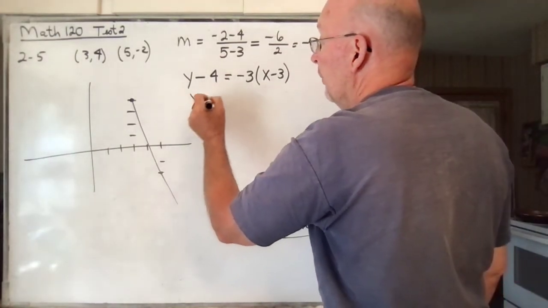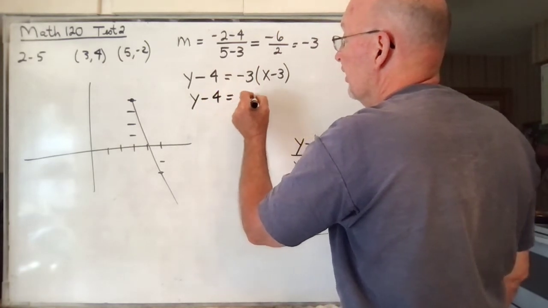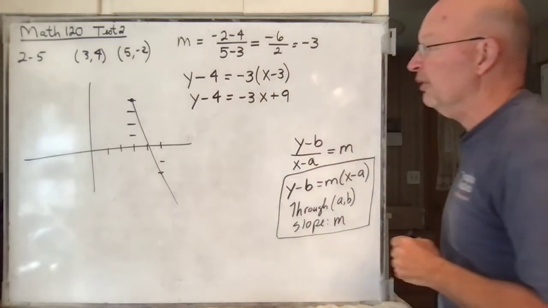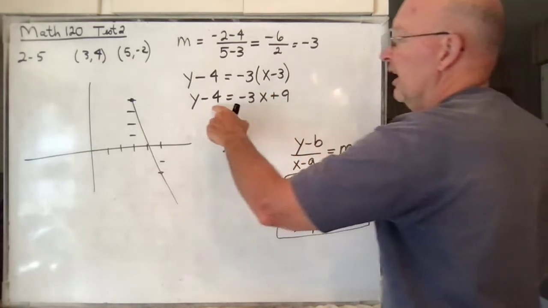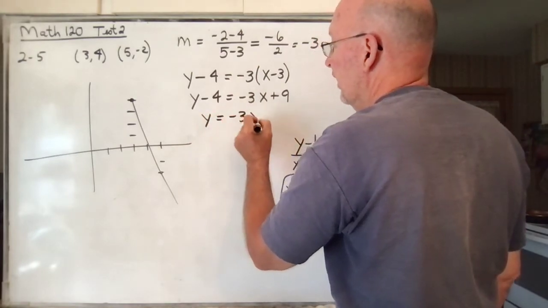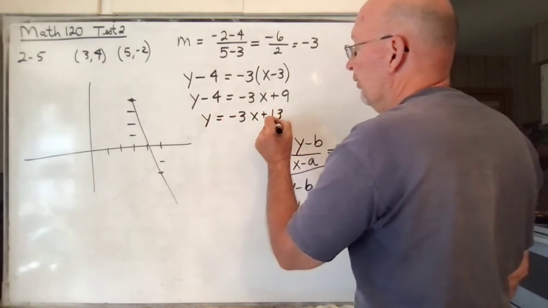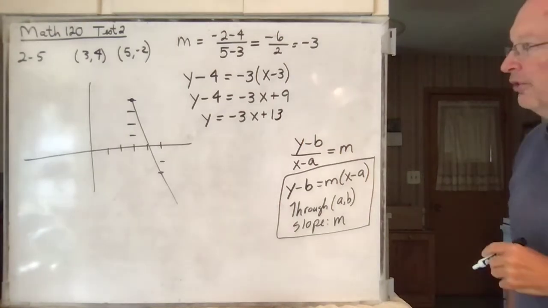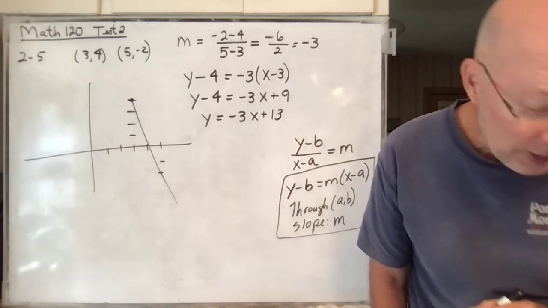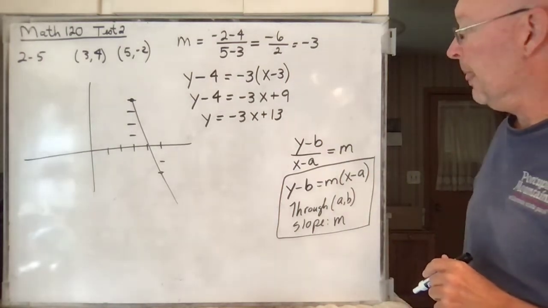You're going to get y minus 4 is equal to -3x plus 9, because -3 times -3 is a plus 9. Now you can add 4 to both sides, and you're going to get y is equal to -3x plus 13. So there's the equation of the line right there, and that looks like it's number B on our list.